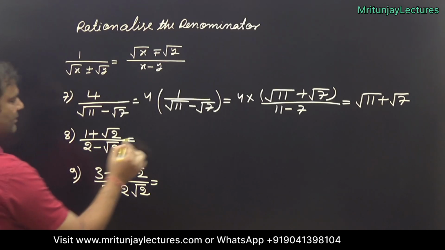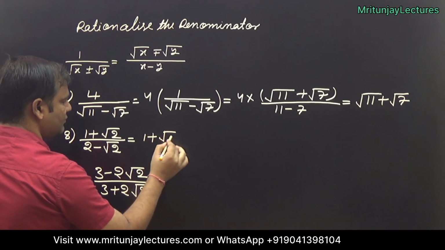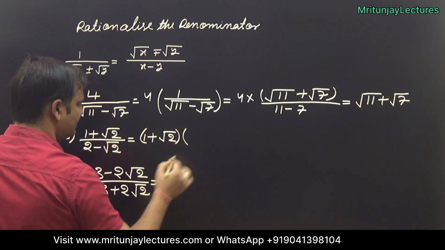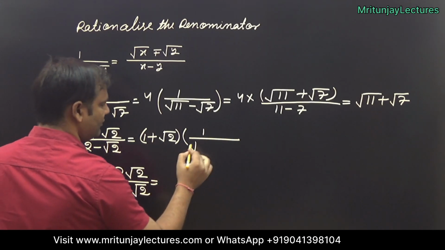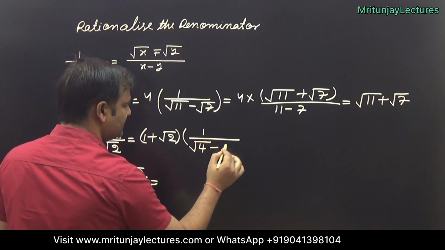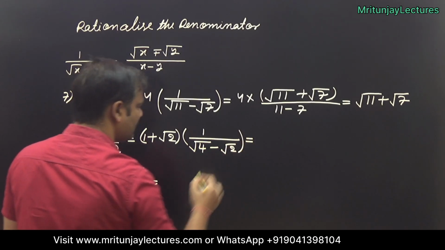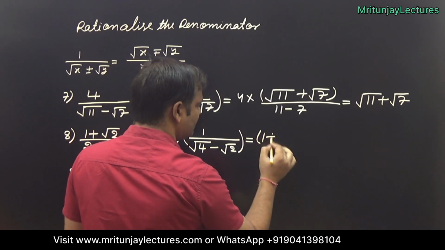Now this one, 1 plus root 2. If we utilize that one, 2 is written as root 4 minus root 2, also 1 plus root 2.